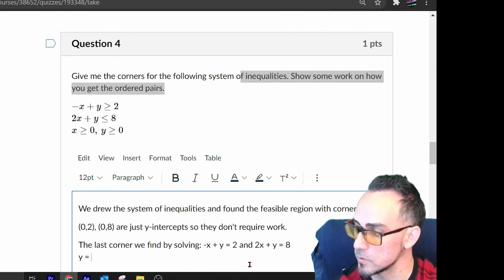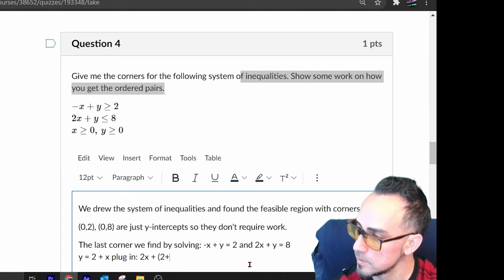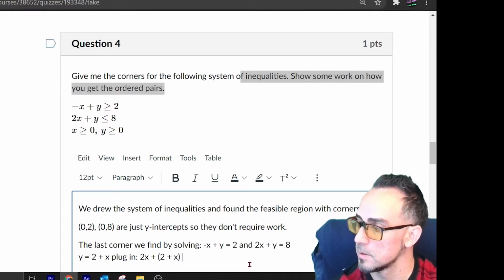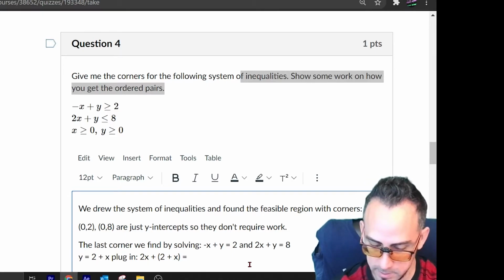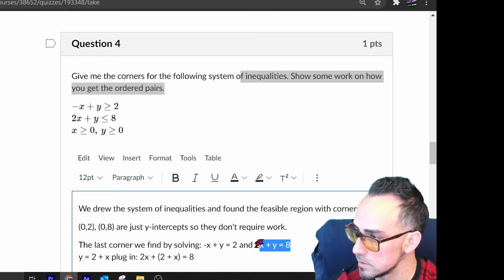I could say y equals 2 plus x, plug in. So I get 2x plus 2 plus x equals 8. So what I'm doing is substituting into this equation, 2x plus y equals 8.